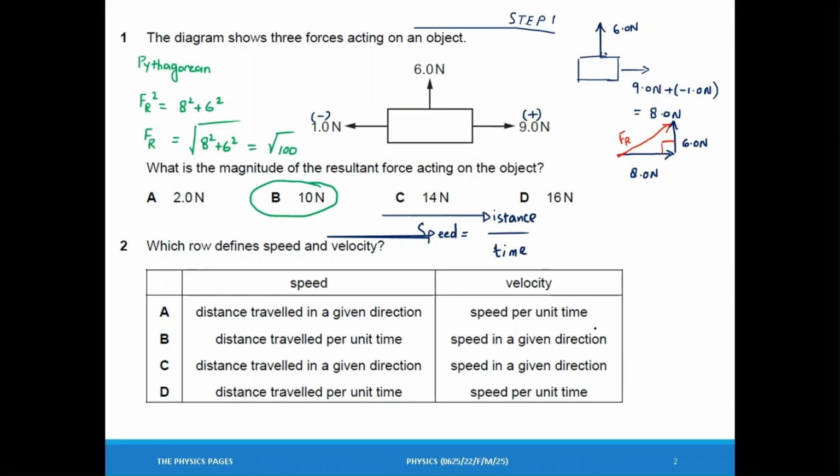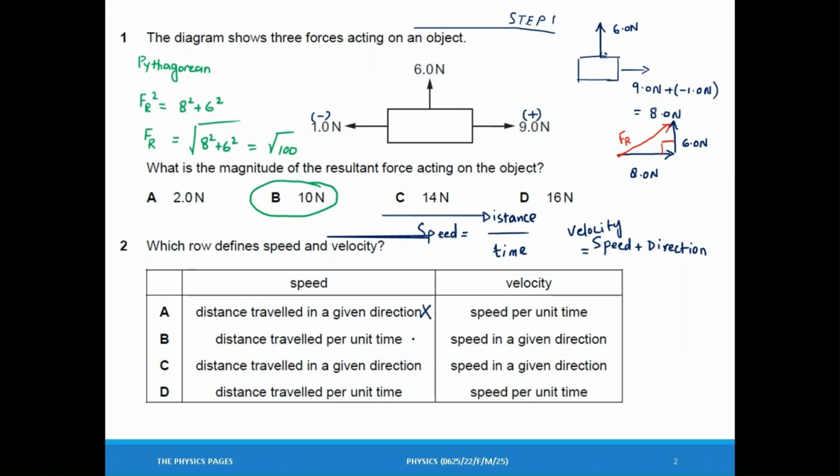And when we say speed with direction, we can call it velocity. So speed and direction can be considered as velocity. Here, the first option for speed says distance traveled in a given direction. That cannot be our choice.